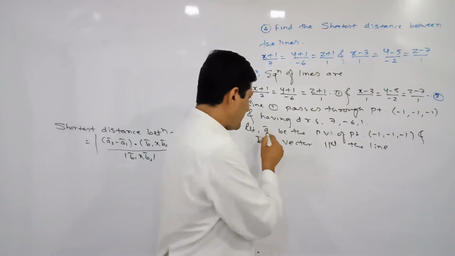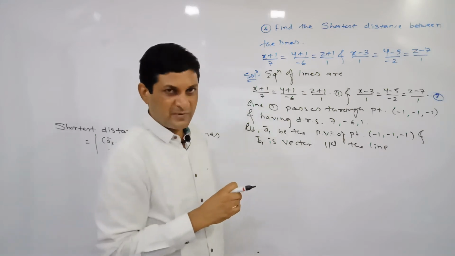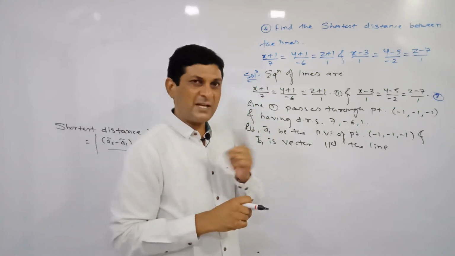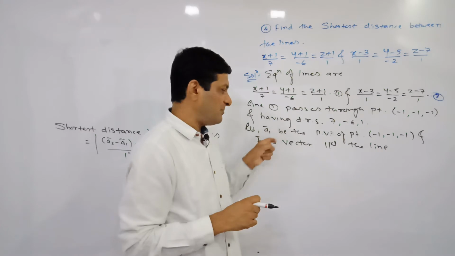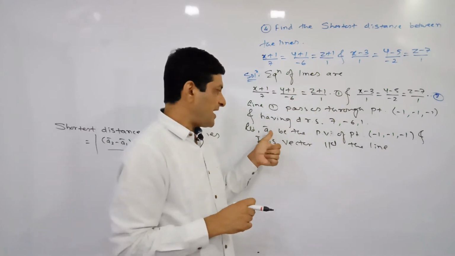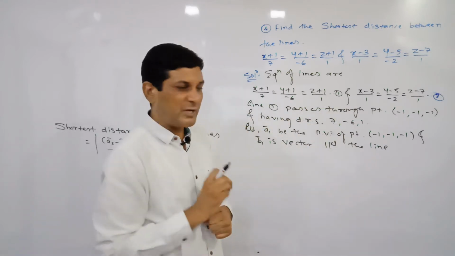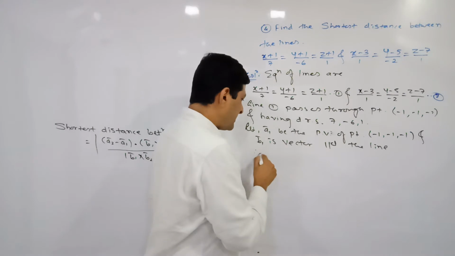So instead of a bar, let us denote it by a1 bar and this vector by b1 bar, because here two lines are there. If one line is there, then we denote it by a bar, b bar. But since two lines are there, in the first line we denote them by a1 bar, b1 bar, and in the second line we denote the vectors by a2 bar and b2 bar.